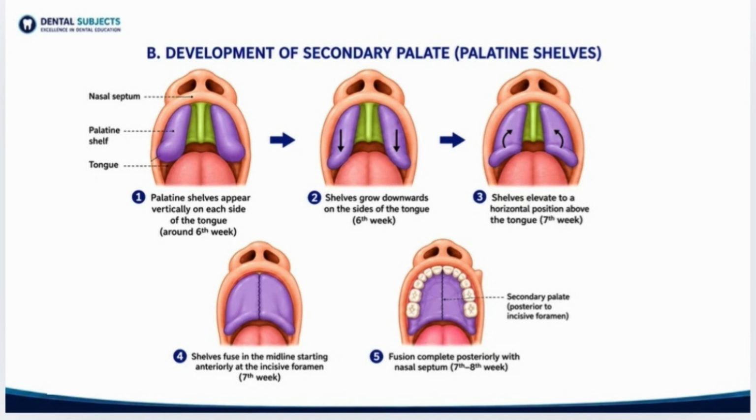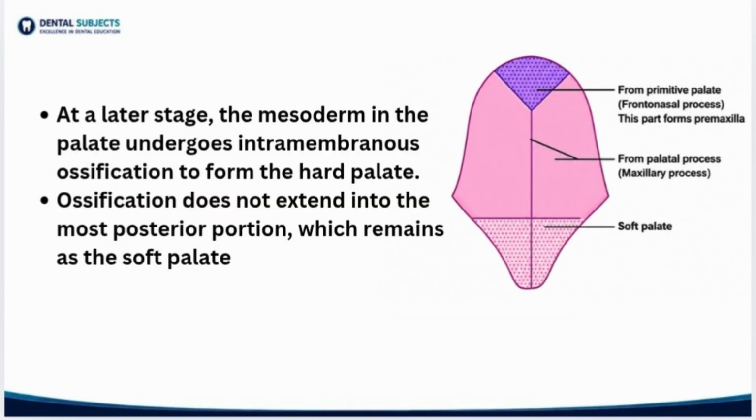First, they fuse with the premaxilla, then it proceeds posteriorly. Finally, it fuses with the lower edge of the nasal septum. Any failure in this fusion process leads to cleft lip and cleft palate.